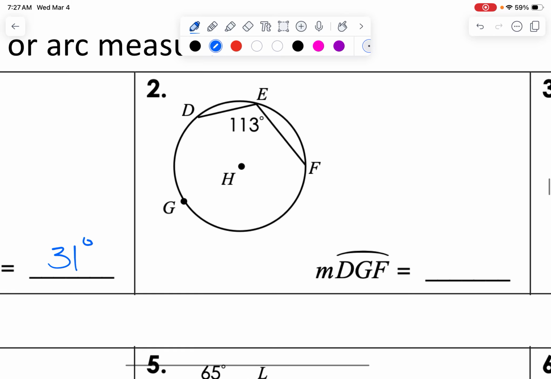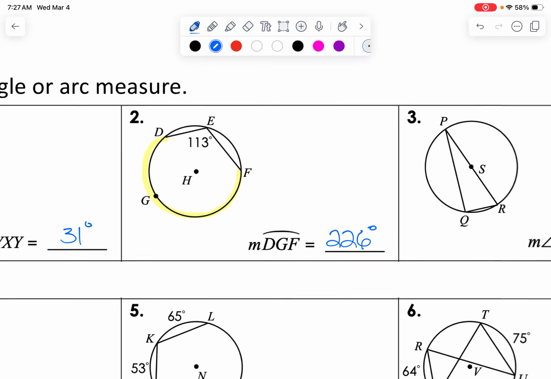Easy peasy. Okay, now if you know the angle, then the arc is double that, right? So this arc right here, this major arc, it says the angle there is 113. So if I want to know what the arc is, it's going to be double that, 226 degrees. So it works both ways, right?